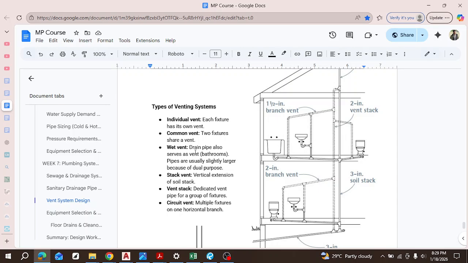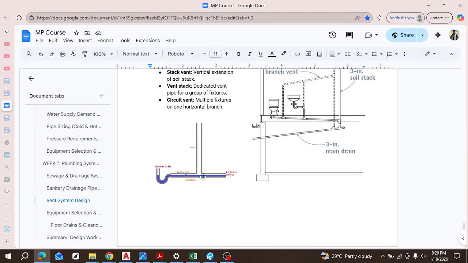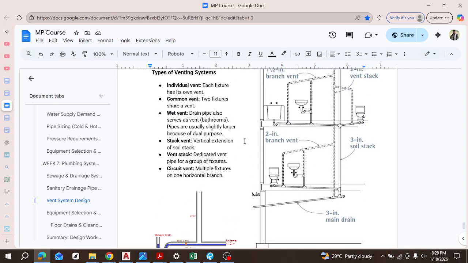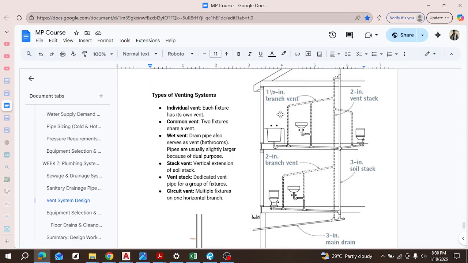Now wet vent. Wet vent happens when you have moisture flowing. If you notice, there are different vents which are in broken lines, and they are usually not made to allow fluid or liquid to flow through them. But there are cases where they are called wet vents where the liquid can flow through, as you can see here. So if for any reason you don't vent this fixture directly, okay, let's see here.